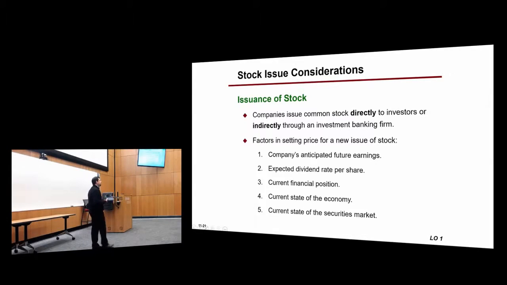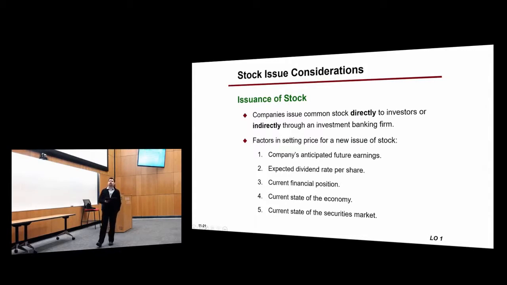They look at the industry. They look at similar companies. The financial performance and financial position of the company itself will have an effect. There's the economy in general. If there's a recession, that will affect the stock price. Otherwise, if it is too expensive, no one will buy it.